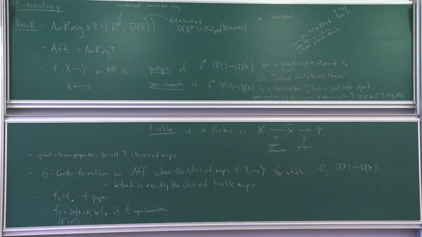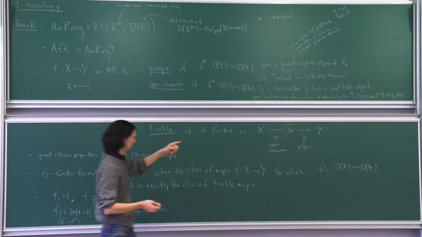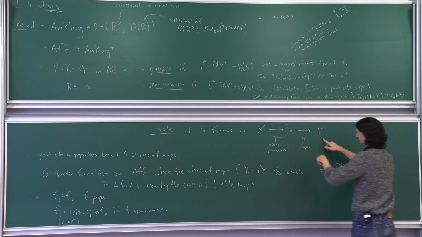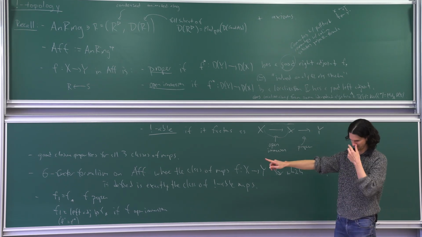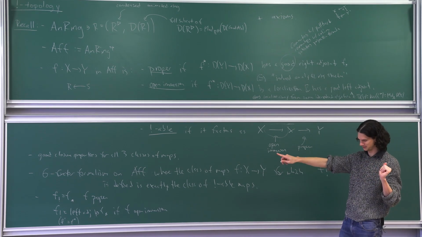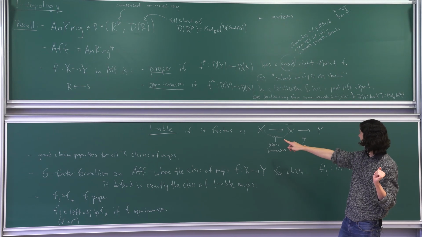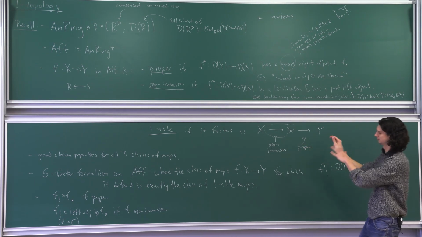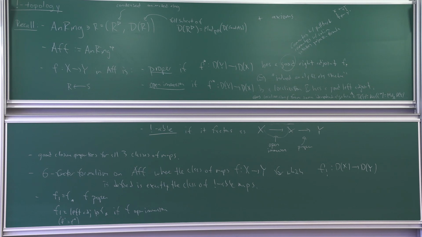If you pass to the diagonal, it's enough to show that you have such a thing for the diagonal. Well, I think we'll get into this a little bit more later.